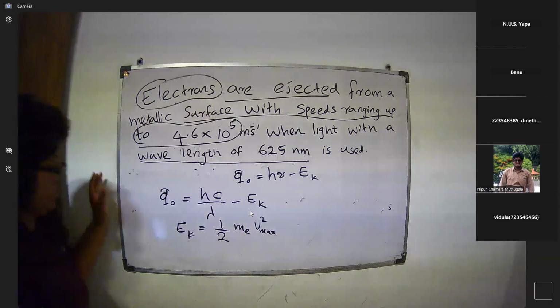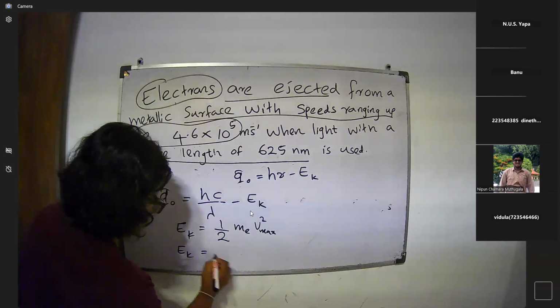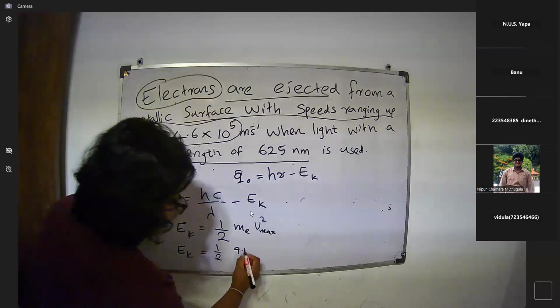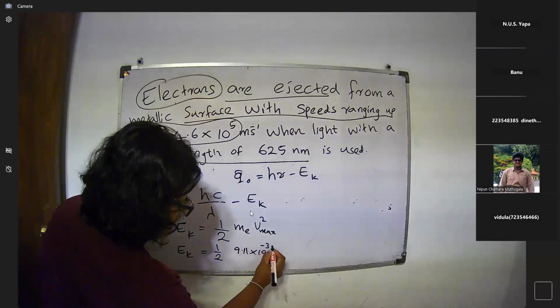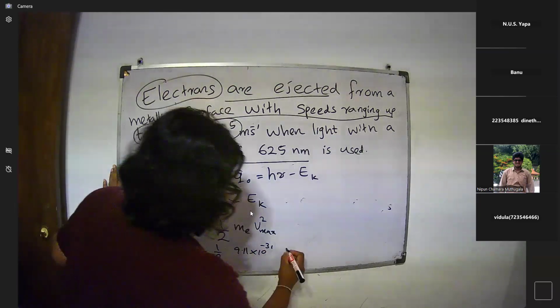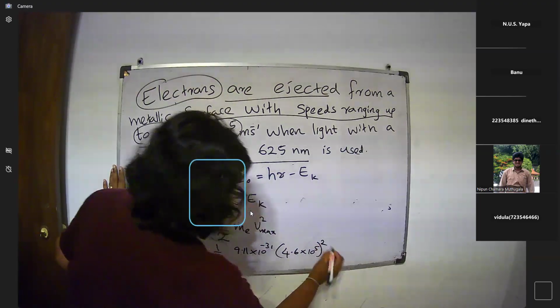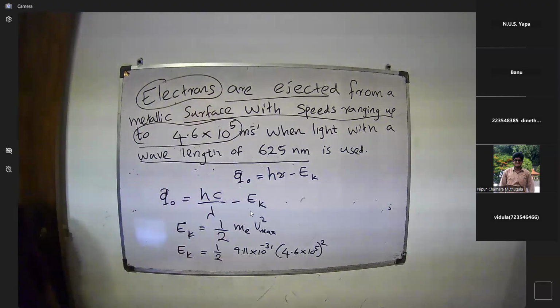Also, they are given data. Ek equals half times 9.11×10⁻³¹ and 4.6×10⁵ squared. Then you can find the Ek value.